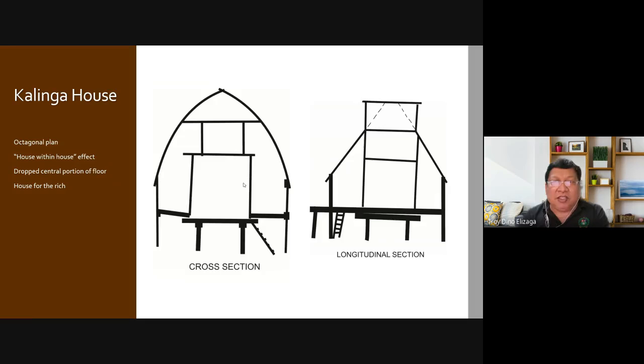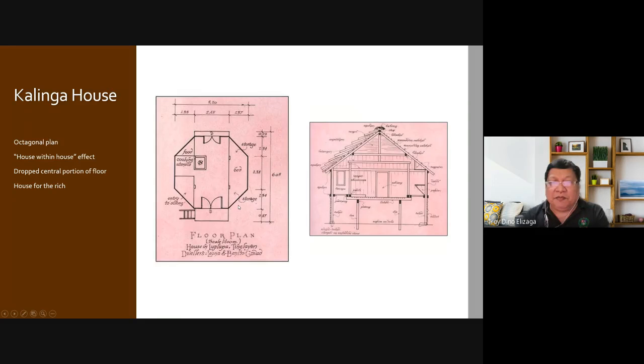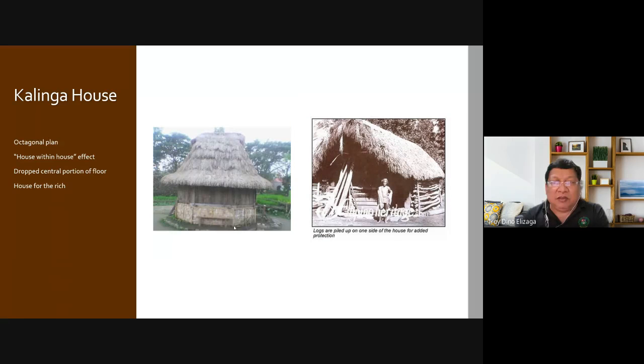The Kalinga house is more for the rich, and it is octagonal in plan, and it's also like a house within a house. But this is a more refined version of the house. The previous one is the more primitive, but it looks like it's either as refined as this one on the left, or it can be as simple as the one on the right.